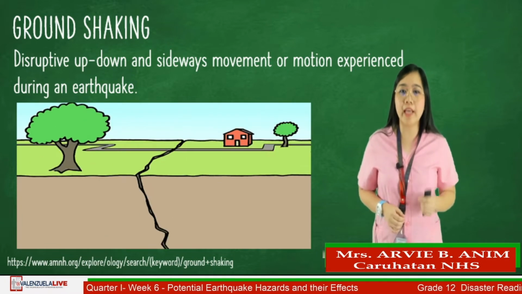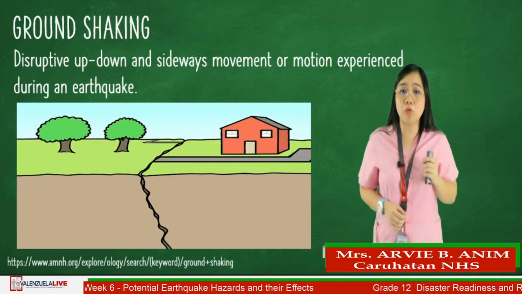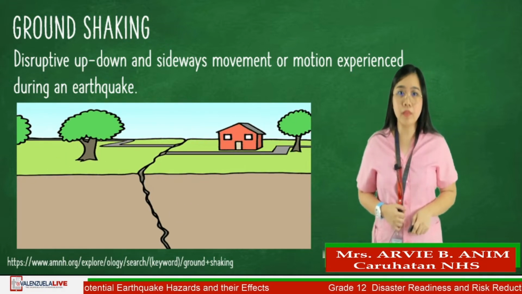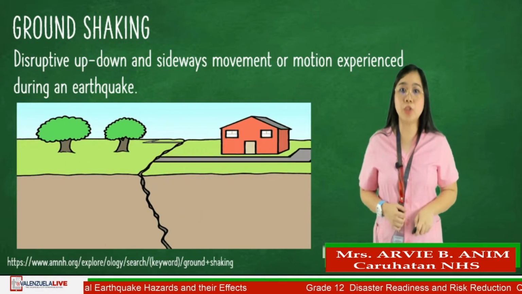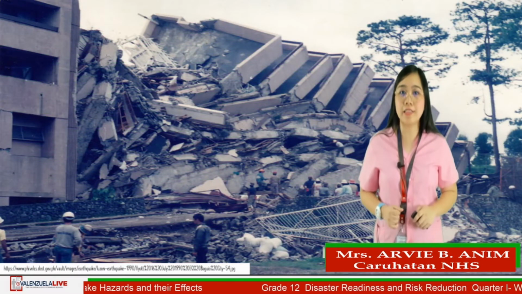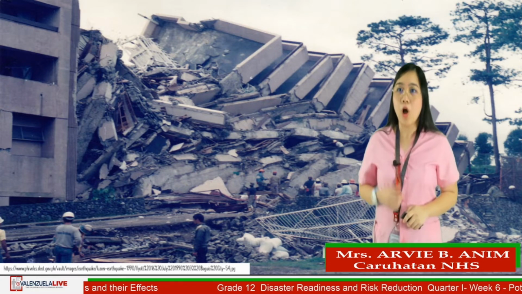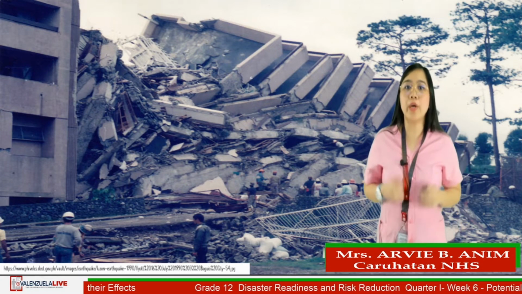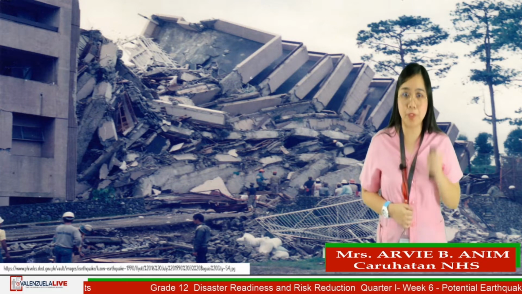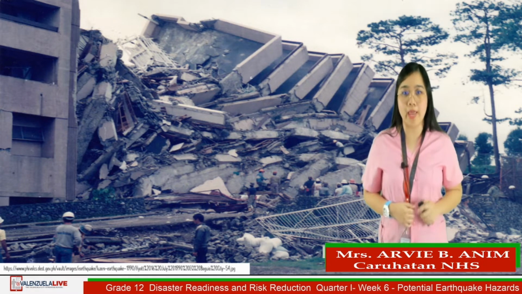Strong ground shaking can also result in minor damages to buildings and worse, cause collapse of structures. The damaged or collapsed structure may consequently cause hazards such as liquefaction and landslide. On this image, you can see Hyatt Terraces Hotel in Baguio City collapsed during the July 16, 1990 Luzon earthquake.